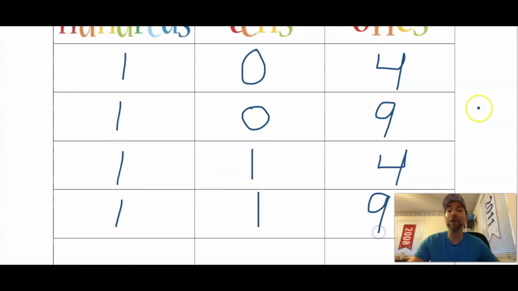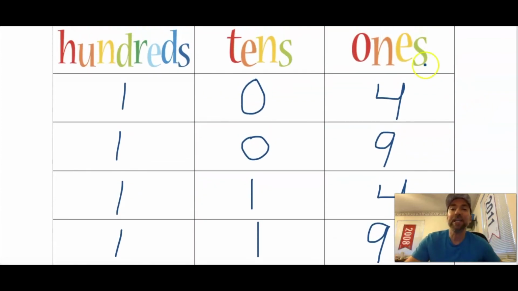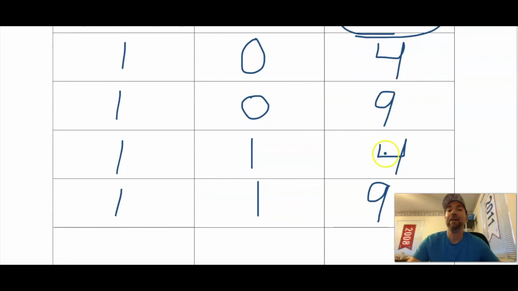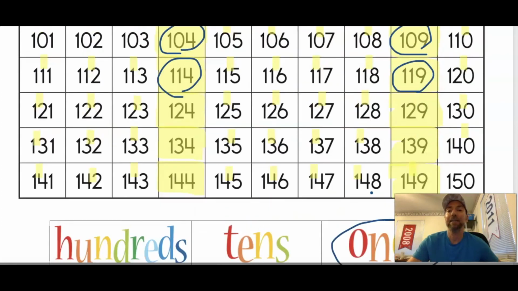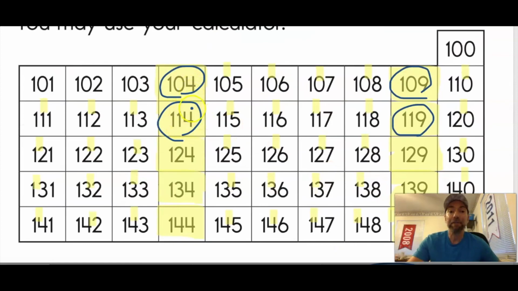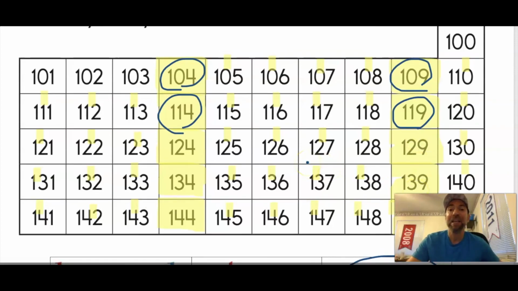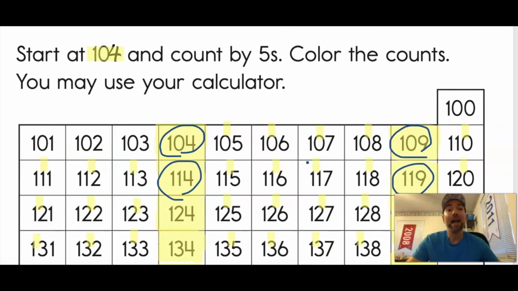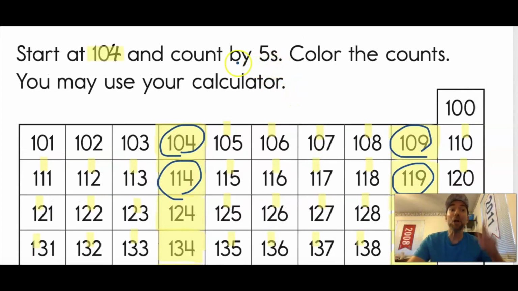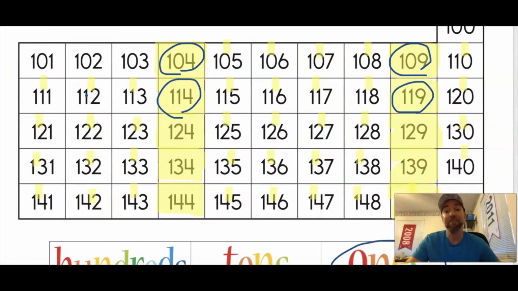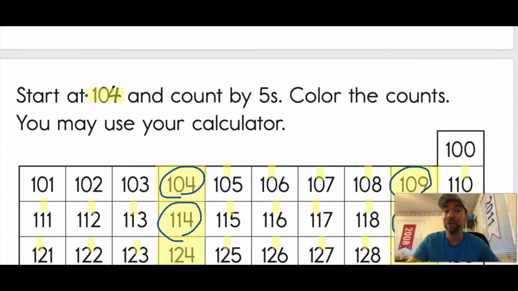I see some patterns. What digit is in my ones place? 4, 9, 4, 9. Every time there's a 4 or a 9 in my ones place. That's a special pattern when I count by 5s starting at 104. So you can see there are lots of patterns when we skip count in math.